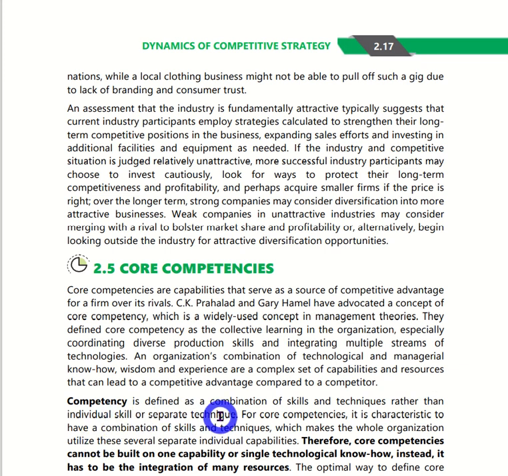Now, before we move on, all that you need to understand is competency. When we say it's a combination, it is something like this. Let us assume that you are the captain of a particular team which has 10 players. Each player is an expert in his or her line. There are 2, 3 bowlers who are fantastic bowlers.